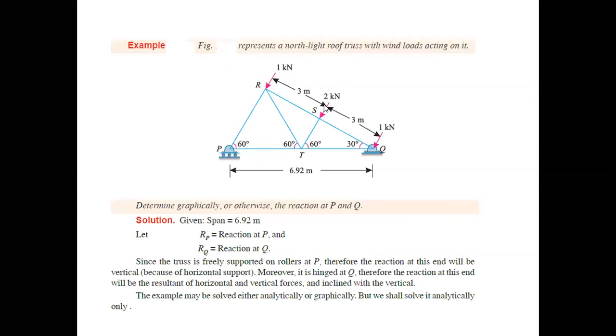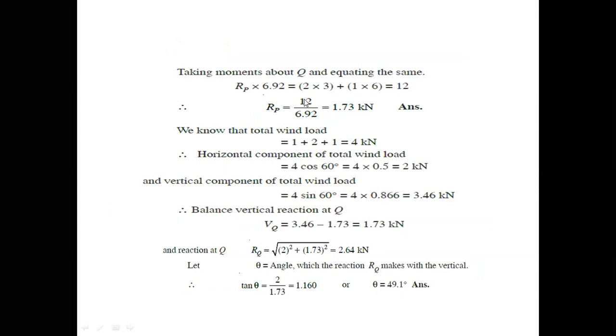So there are two components. One is 4 cos 60 degree, which is 4 into 0.5, 2 kilonewton, and the vertical component is 4 sin 60 degree, which is 4 into 0.866, 3.46 kilonewton.